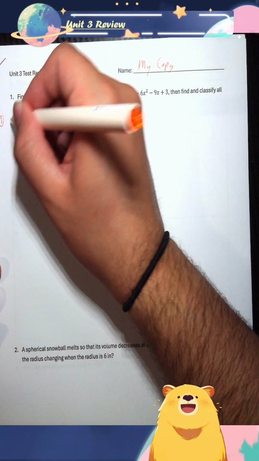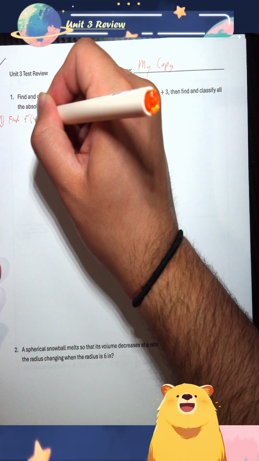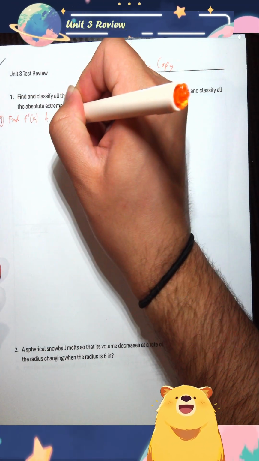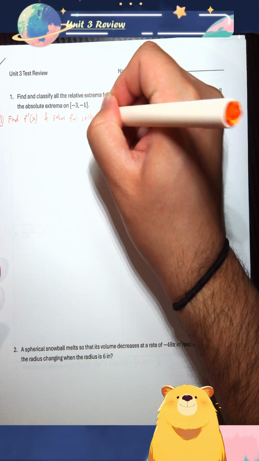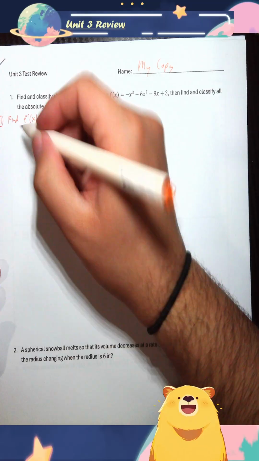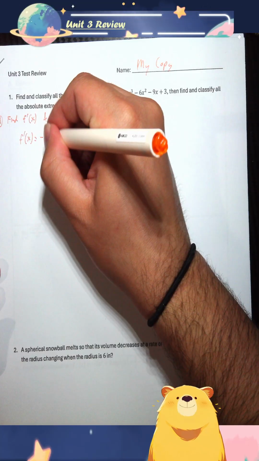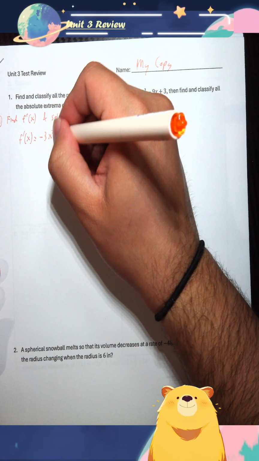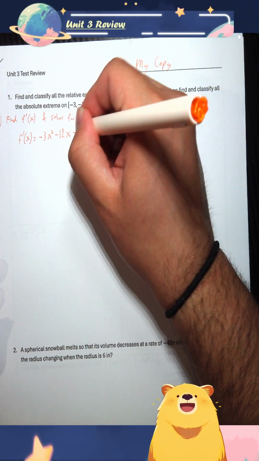First, let's find f prime of x and solve for critical points. So we know that f prime is going to be negative 3x squared, negative 12x, and then minus 9.